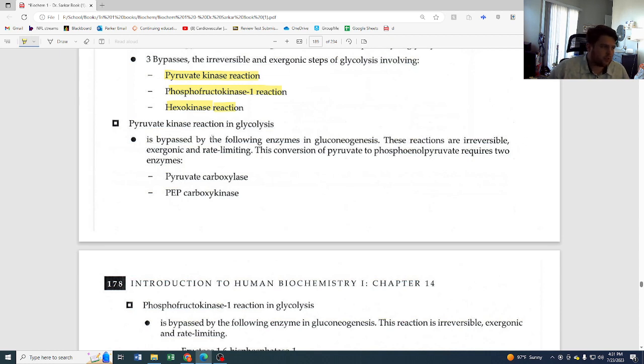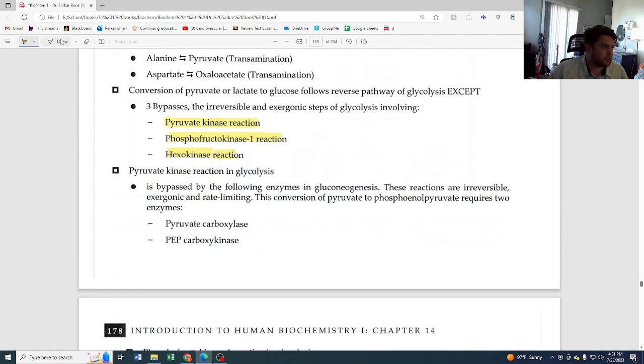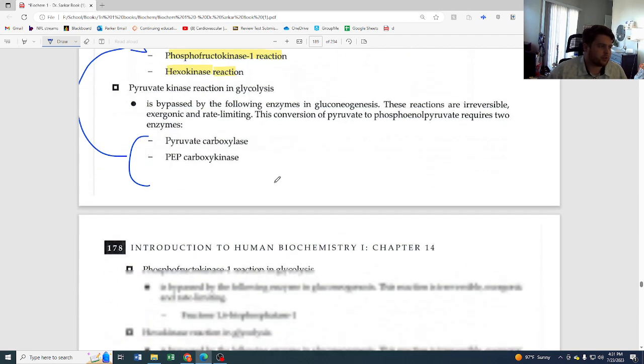These reactions are irreversible, exergonic, and rate limiting. This conversion of pyruvate to phosphoenolpyruvate requires 2 enzymes, pyruvate carboxylase and PEP carboxykinase. So make sure that you associate these with their appropriate enzymes. Pyruvate kinase and pyruvate carboxylase with PEP carboxykinase do the reverse of each other.